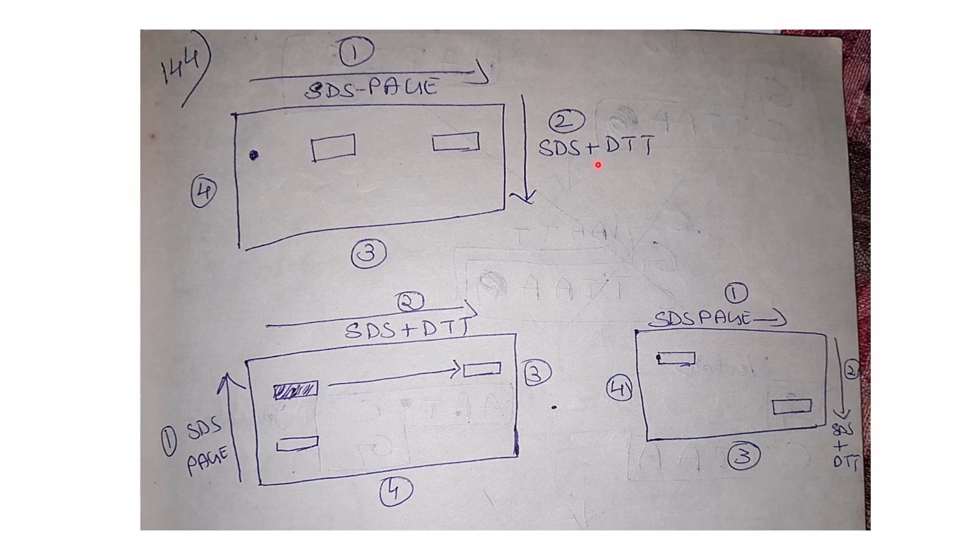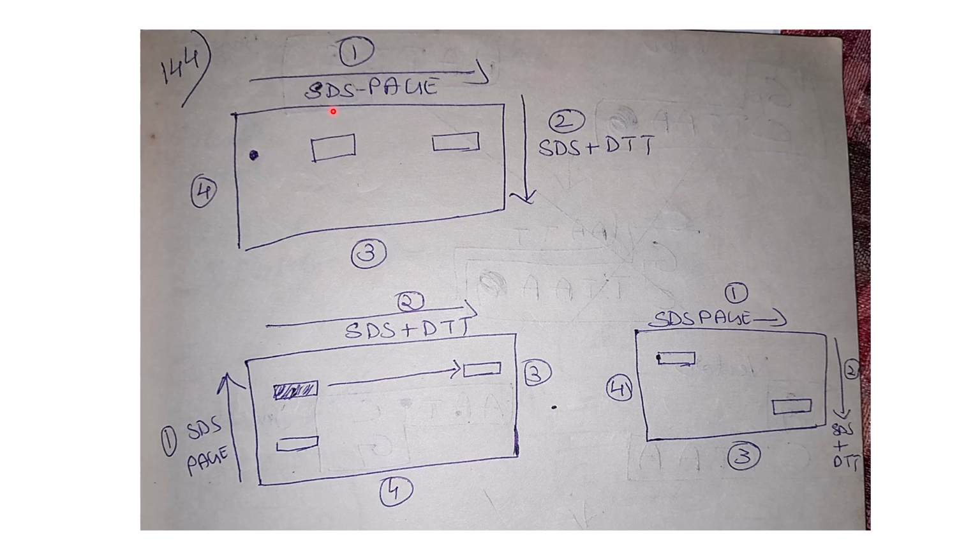Whereas when you do SDS plus DTT, DTT is the one which will break the disulfide bond between the protein. And SDS will just unfold the protein by breaking this weak interaction, and it will give an overall negative charge. And the proteins will move on the SDS page and separate based on their molecular weight.